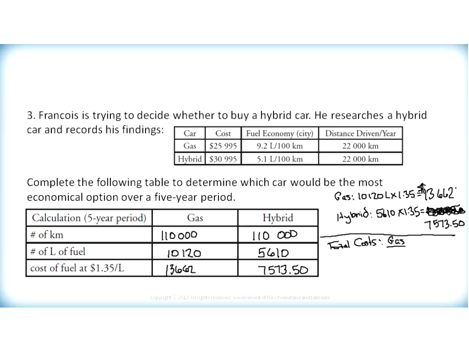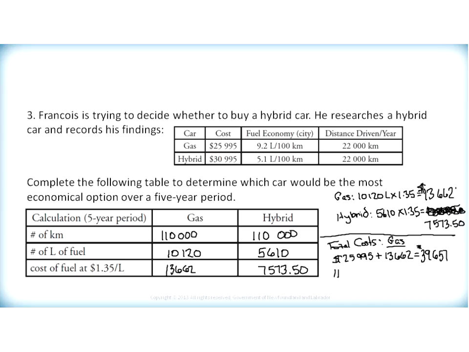The gas car only costs $25,995, but we're also going to spend $13,662 on gas. So $25,995 plus $13,662 means that over a 5-year period, you're going to have to spend a total of $39,657 on the gas car.